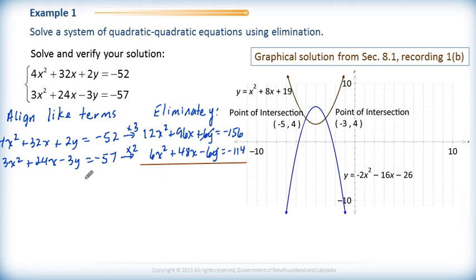I now add them up, and I've got 18x squared plus 144x. The y's are now gone, they're eliminated. It's what we wanted. Equals negative 270. We solve the resulting equation.